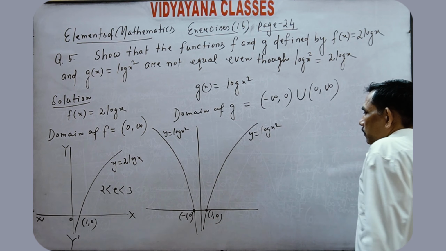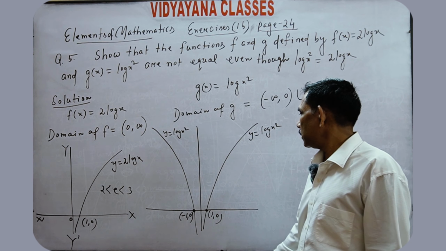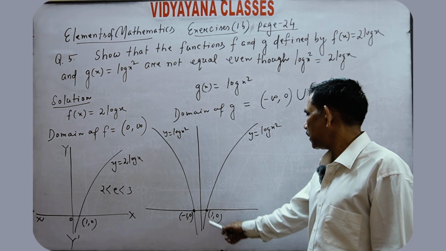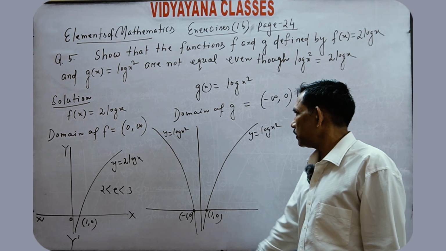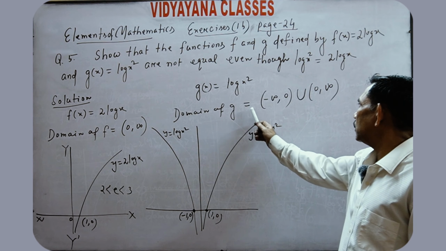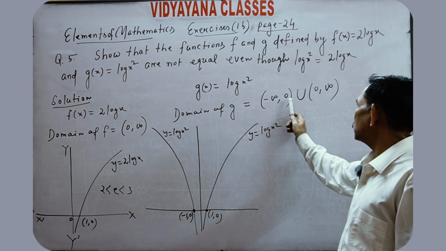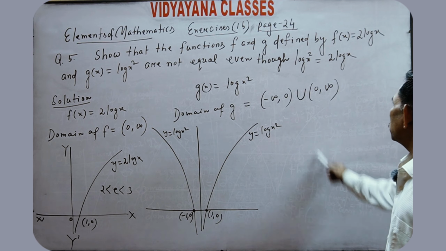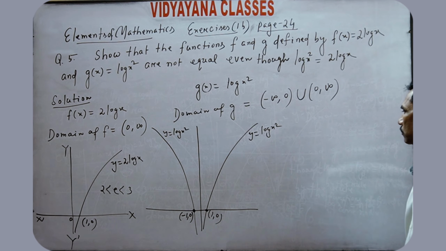Log x square meets the coordinate axis, that is x-axis, at (1, 0) and (minus 1, 0). Domain of g is equal to open bracket minus infinity to 0 union open bracket 0 to infinity.